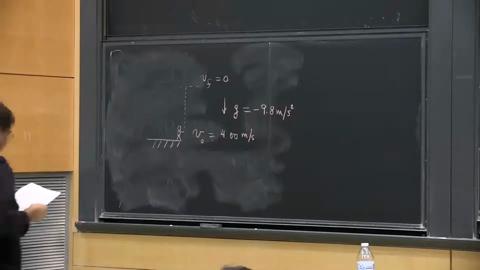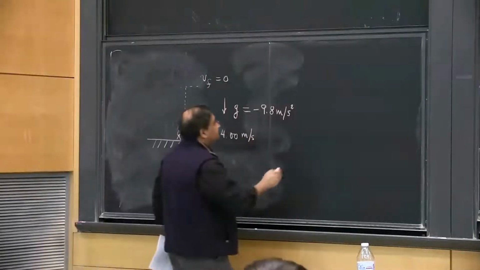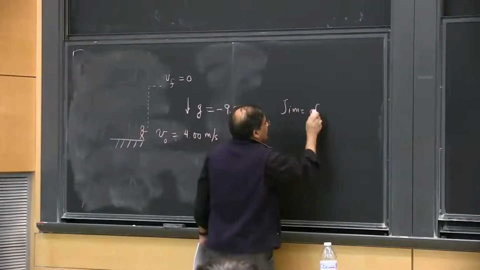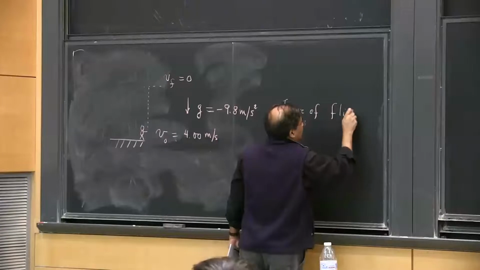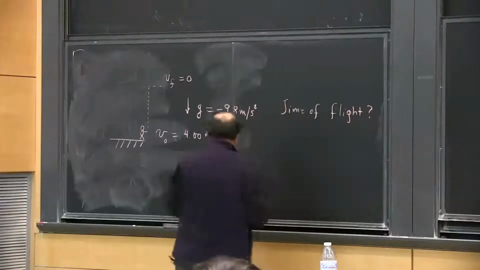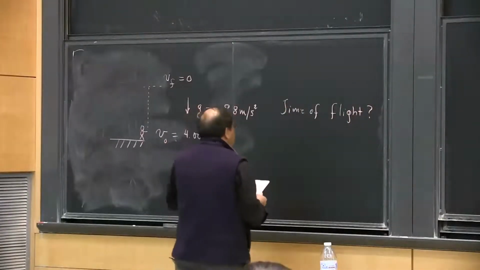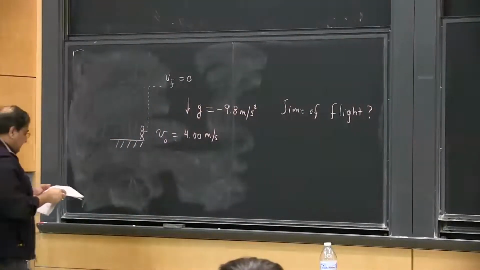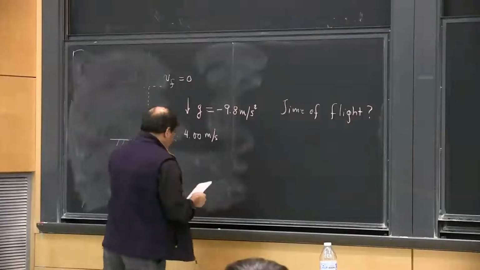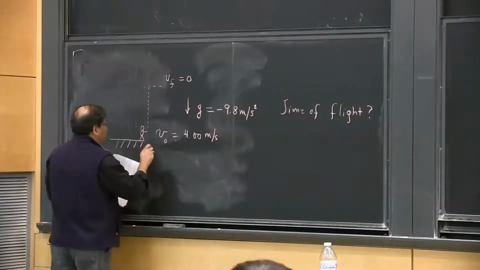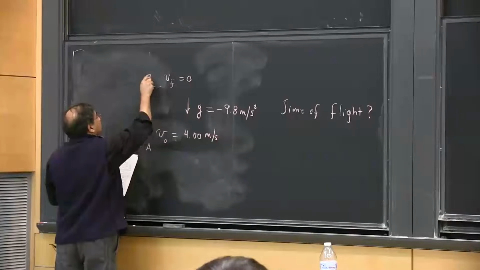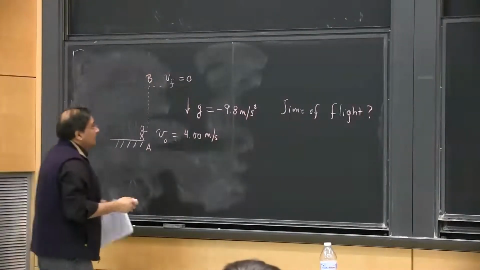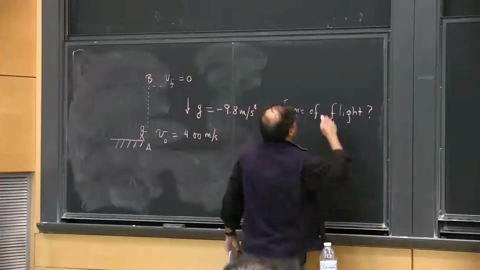So let us calculate the time of flight. We can calculate the time of flight in two different ways. One would be, let's label these, we are going from point A to point B. So we have the kinematic formulas that we can use.